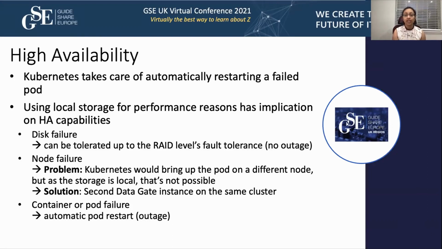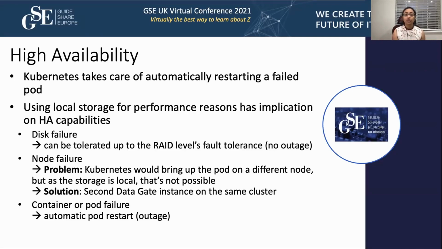In case there is a disk failure, it can be tolerated up to the RAID's level of fault tolerance without an outage. In case of node failures, Kubernetes attempts to bring it up on another node. But if the storage is local, that wouldn't be an option.